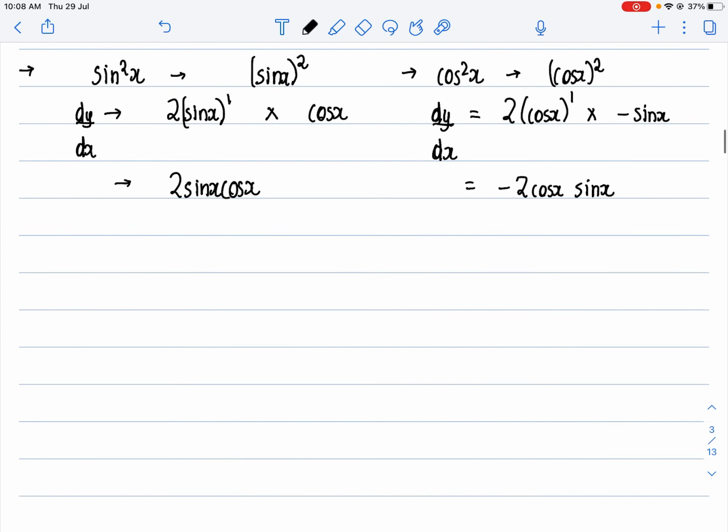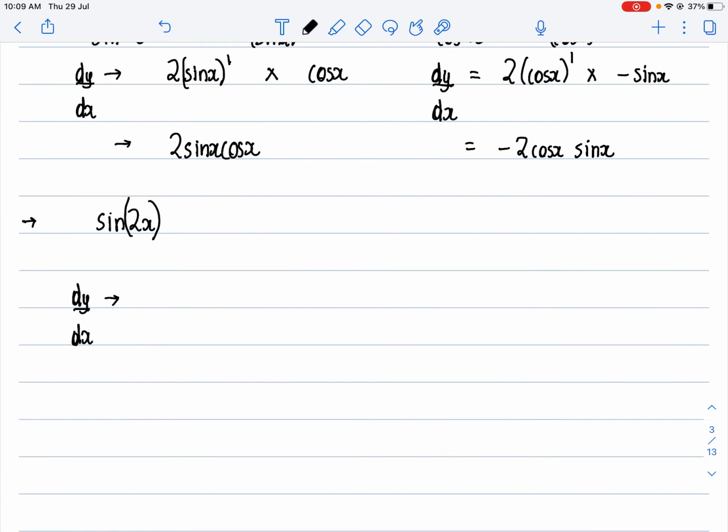Now we can do more examples. Let's say I get something like sine 2x. What is the dy by dx of something like this? The first rule is put the brackets first so that you know what's outer, what's inner. Now you differentiate the outer function. So the differentiation of sine is cos.